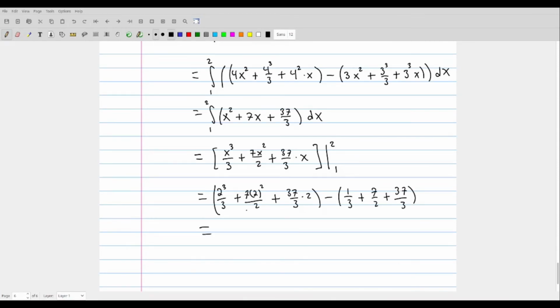And when you go through and do the arithmetic and simplify everything down, this number just simplifies to 151 over 6, which is the exact value of this double integral. This is approximately equal to 25.16.